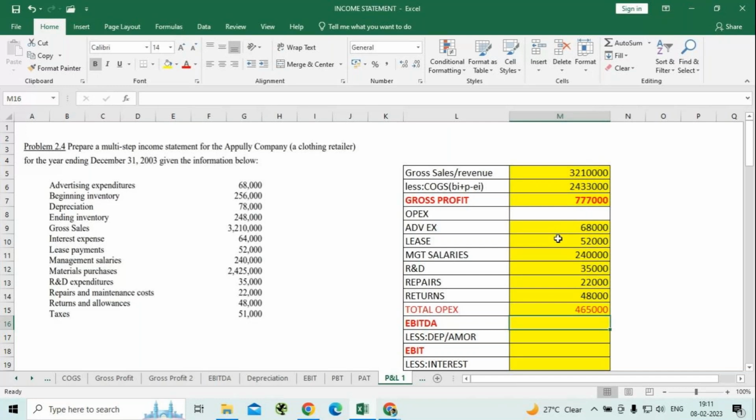The EBITDA value will be the gross profit minus total operational expenses, which gives you 3,12,000. Then, do we have anything as depreciation?